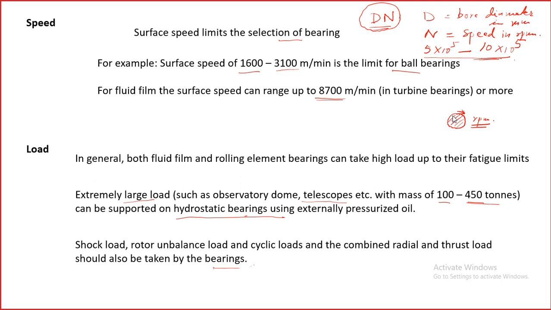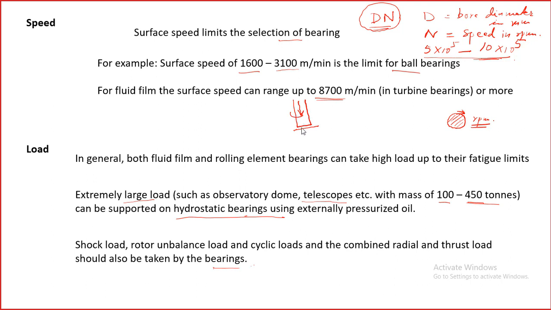But sir, I think in thrust bearing there is no such type of surface. In thrust bearing also you have got the surface speed, because thrust bearing is basically axial load, and it is rotating.